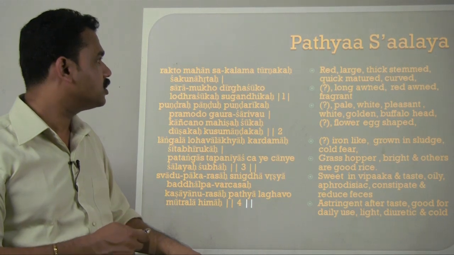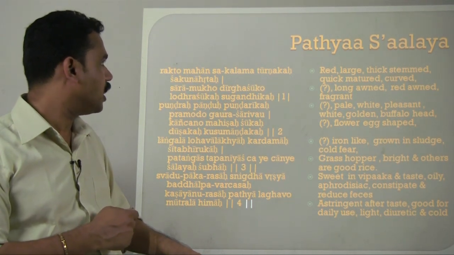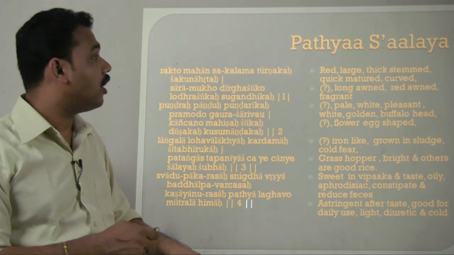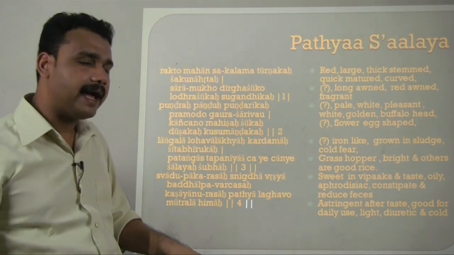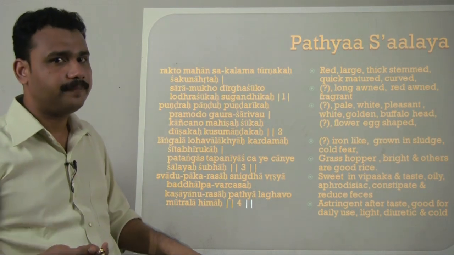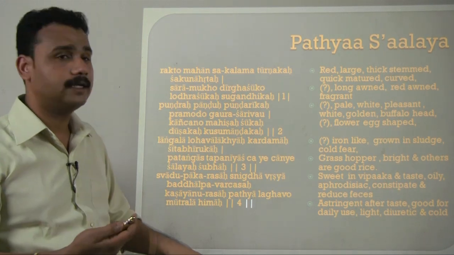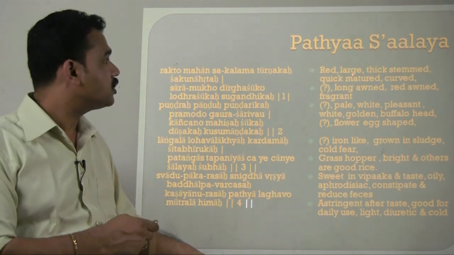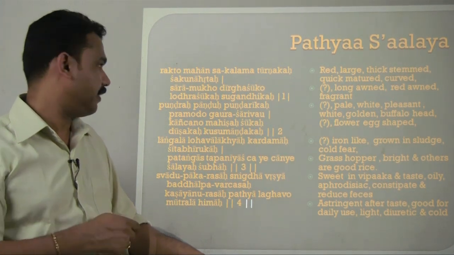Dirgha Shuka means long-awned or which is long. Lodhra Shuka, which is red-awned. So Lodhra is also a plant whose flower is red. So here specifically it says it is Shuka, it is the husk which is red. So this should be the rice or the inside which is red there.